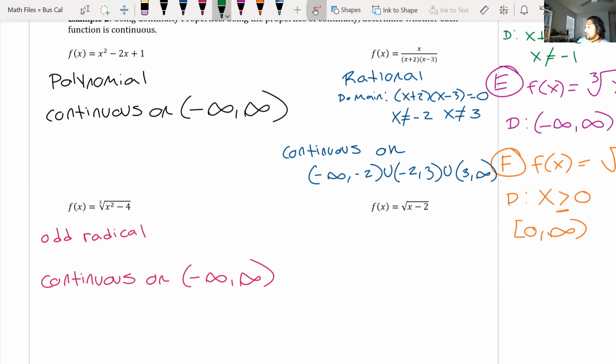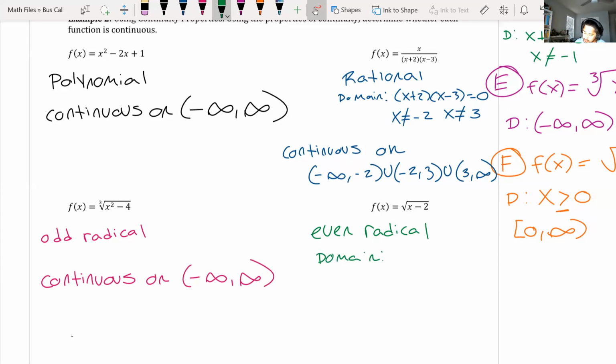Then this means the next one must be what type of radical? This is an even radical because what type of root is that? Even. Well, it's an even root, but it's the square root. Square root, yeah. There you go. Before we find out where it's continuous, let's go ahead and find this function's domain because we have a little bit of work to do.